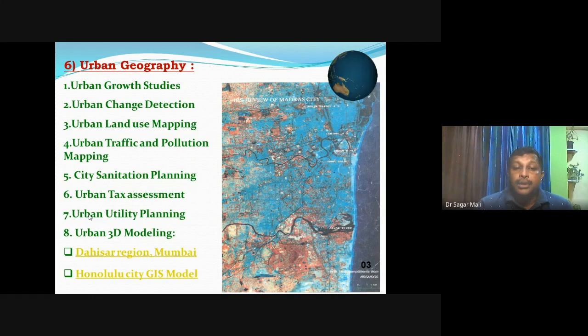Then urban utility planning. Many services are there in an urban area. We can find out those services in the urban area and their distribution. Means where the hospitals are, banks are, ATM centers are, where the police station and other offices are, and how we can access them, how far they are from a particular area.